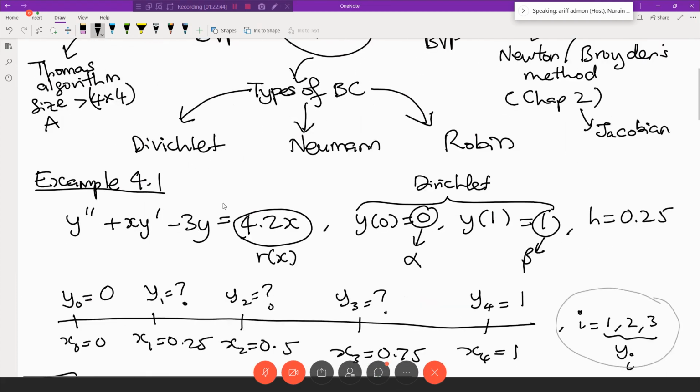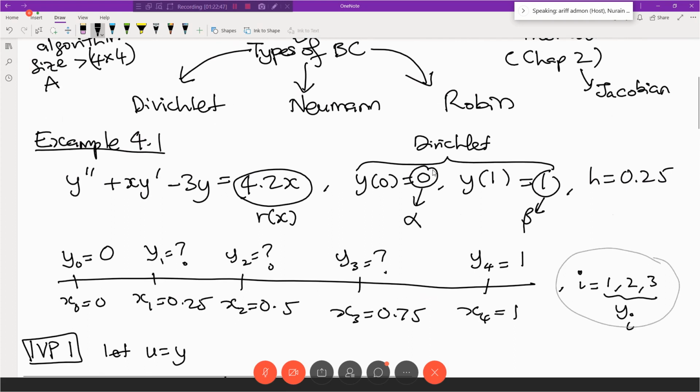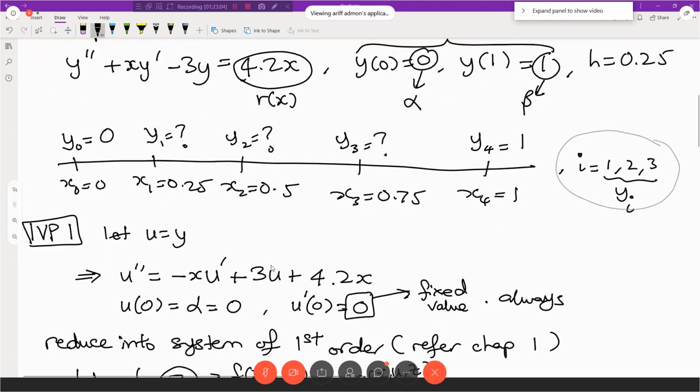Okay. So for Dirichlet, once again, there is no prime here. This is Dirichlet. Automatically, you know this is alpha, this is beta. Why do you need to know the values here? If you don't want to remember this, it is also possible, but you have to be careful. Because when we are introducing our IVP, here is always equal to alpha. If you are not memorizing that this is actually alpha, it's okay.